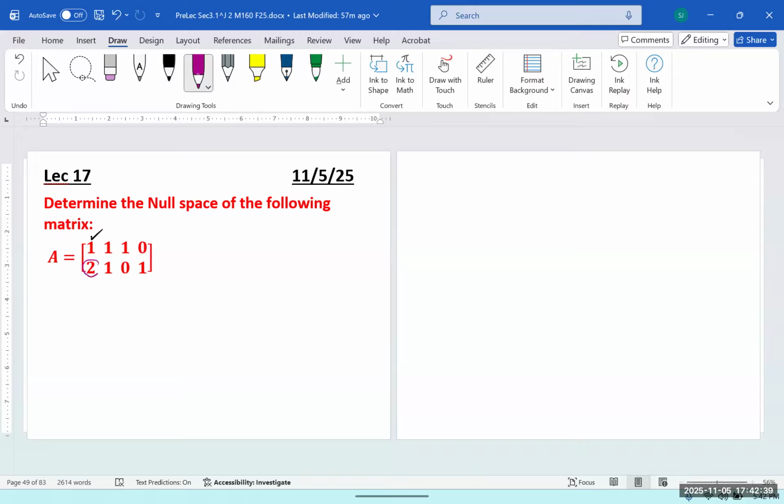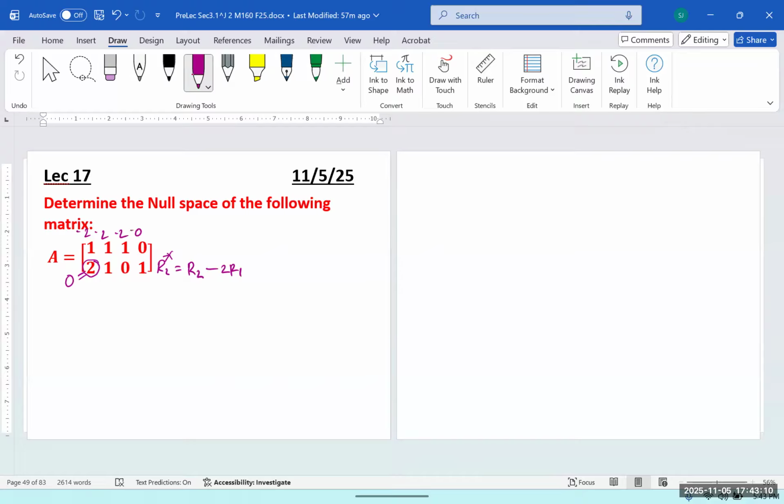Our goal is to turn this 2 into 0. So we need to change row 2. How do we change row 2? The new row 2 will be the old row 2 minus what? 2 row 1. If you do 2 row 1, it's 2, 2, 2, 0. And if you're subtracting them, they change the sign.